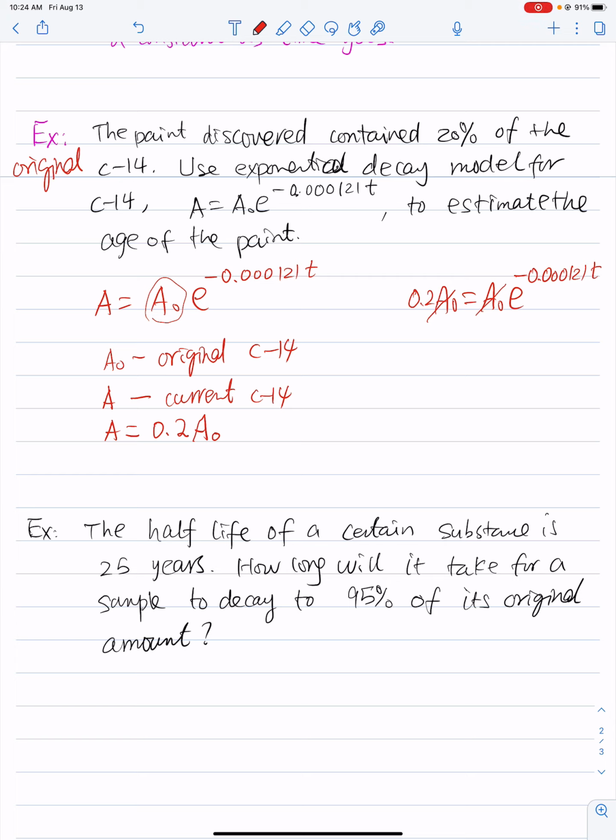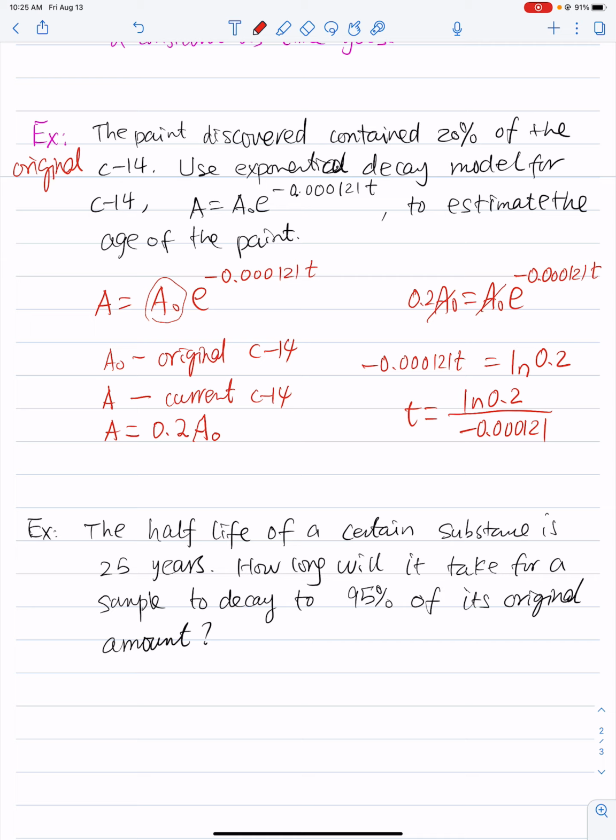How could you solve for this one? As we talked about before, e equals a number, so you want to change to logarithm form. So negative 0.0000121 t equals ln 0.2, since e is the base. So t is ln 0.2 over negative 0.0000121.